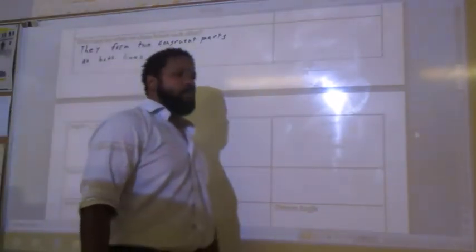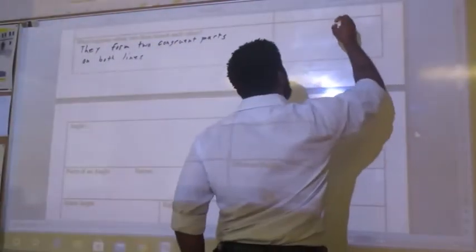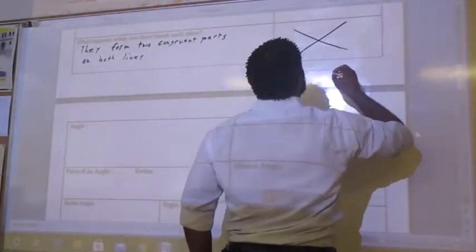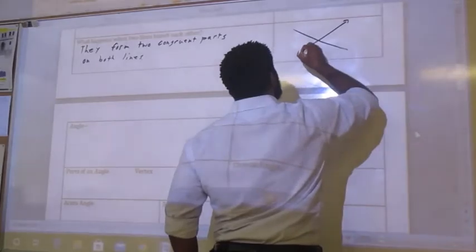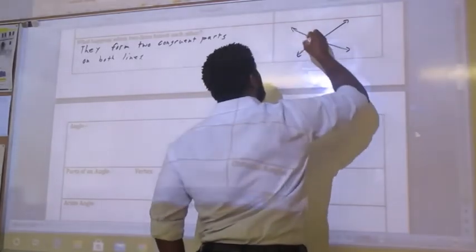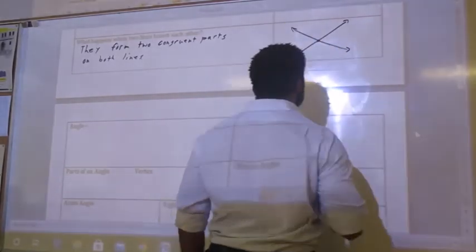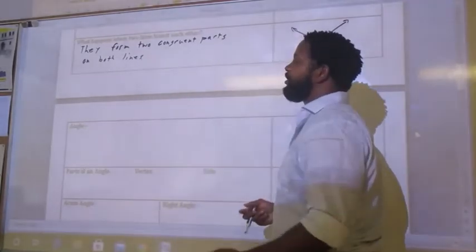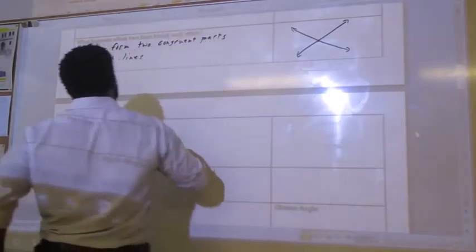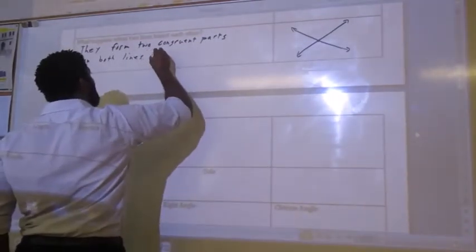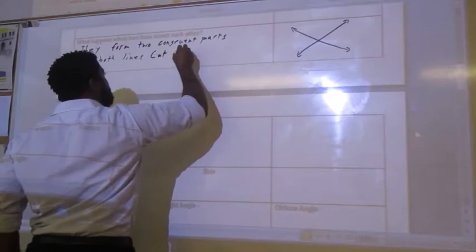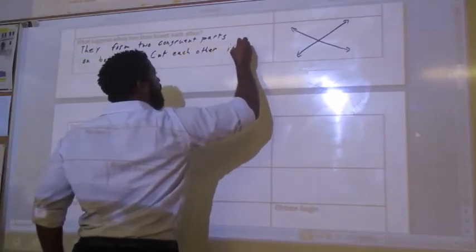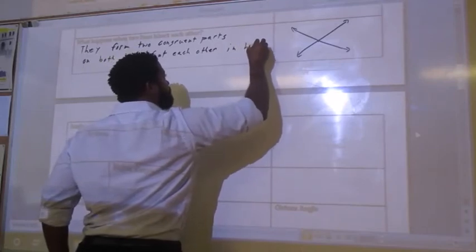Well, let's look at this, right? Let's say that these two lines, they bisect each other, right? So therefore, because they bisect each other, they cut each other in half, okay?